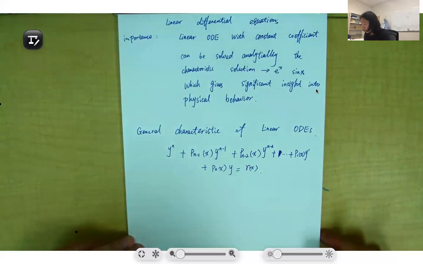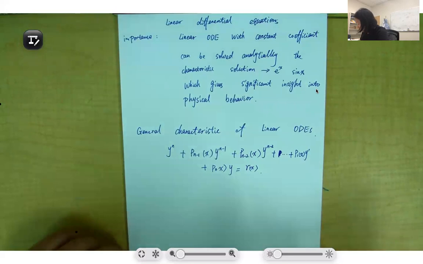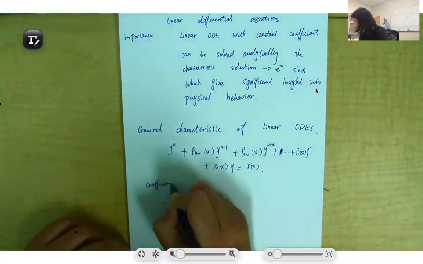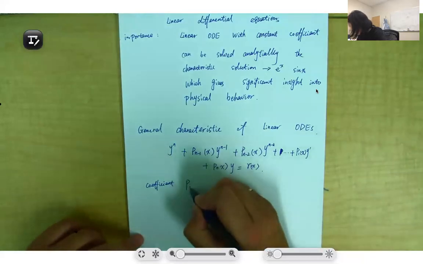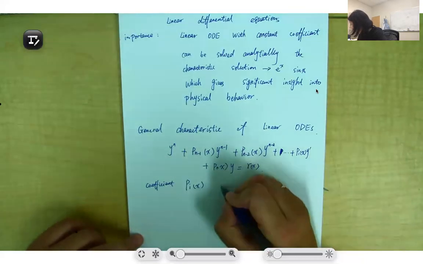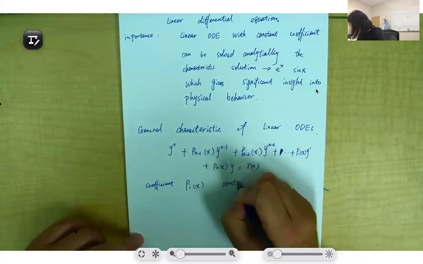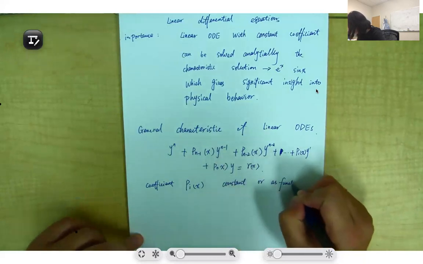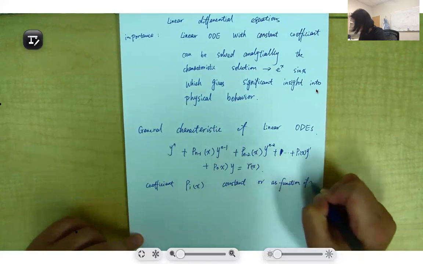And you know that for linear parts, you can have the coefficients either constant or only as a function of x. So the coefficient P_i(x) is either constant or a function of x only.